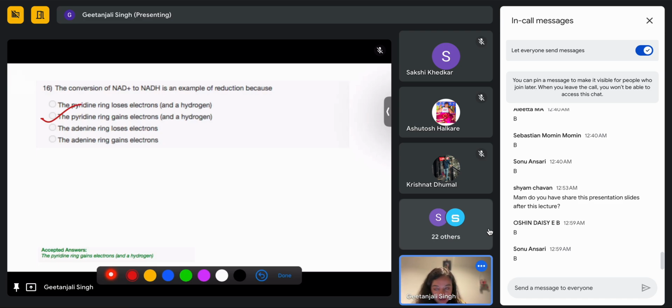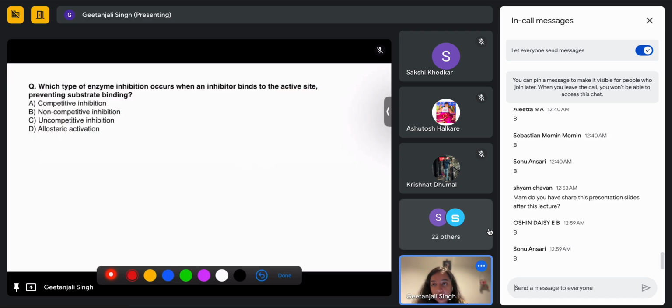Very good. Let's move on to the next question. Which type of enzyme inhibition occurs when an inhibitor binds to the active site, preventing substrate binding?